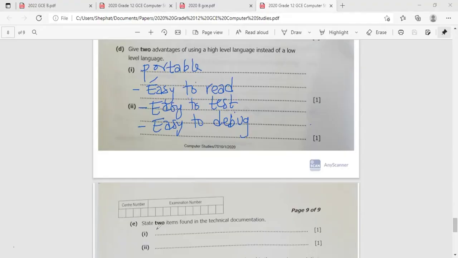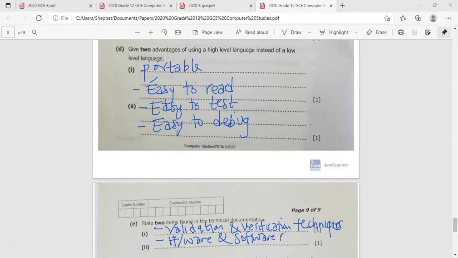So technical documentation contains the following: validation and verification techniques, hardware and software requirements, they contain sample code, they contain architectural diagrams, and so on.